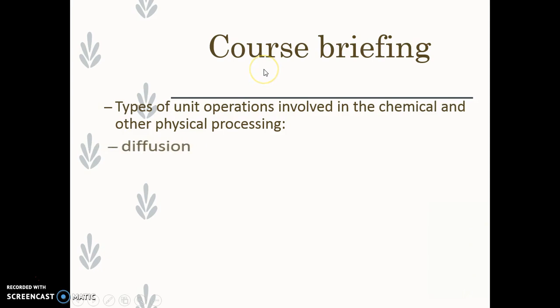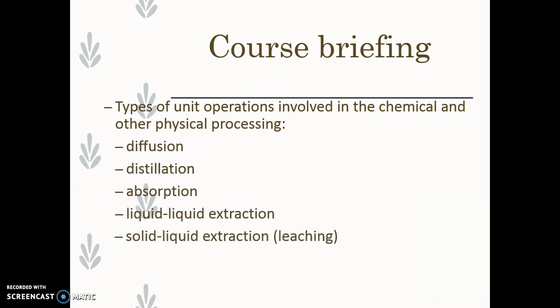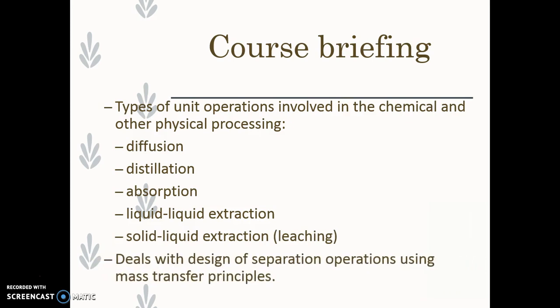In the course briefing for this subject, you will learn about several unit operations involved in chemical and other physical processing, which are the distillation process, absorption process, liquid extraction process, and solid-liquid extraction process, which we also call the leaching process.